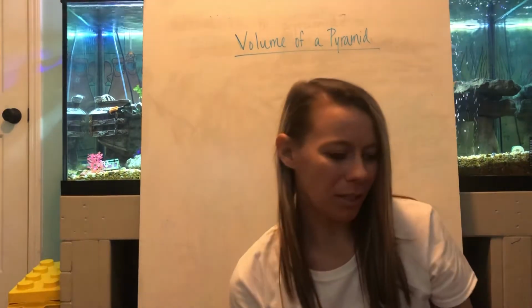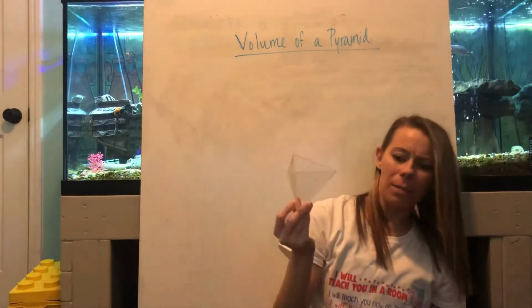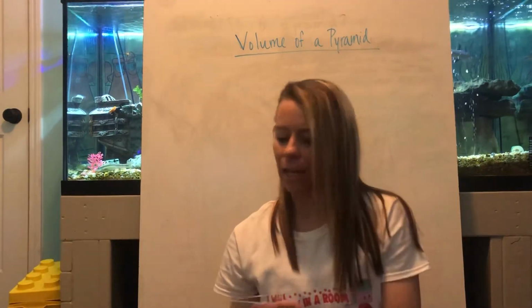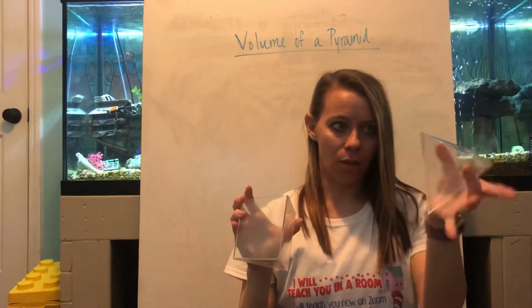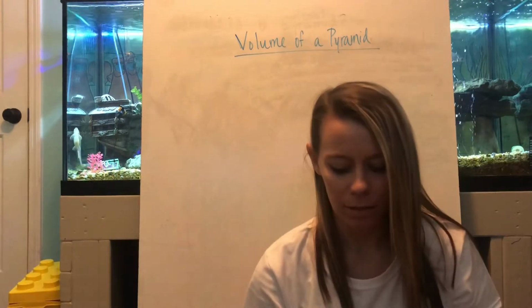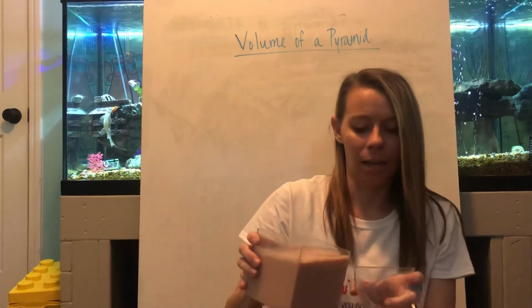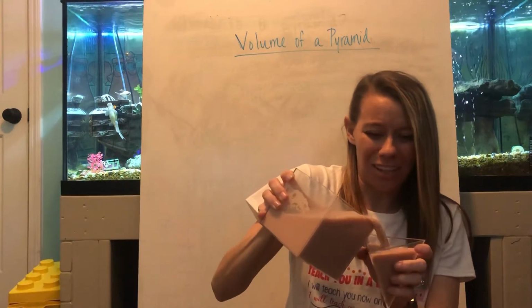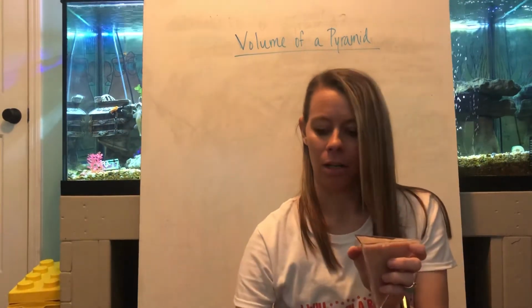But let's see if it works for all pyramids. I also have a triangular pyramid here and a triangular prism. So let's see if I pour three of these into the prism, if that works as well. This time I'll try to be more accurate and not be as concerned about spilling. So, oh gosh, okay, definitely won't be concerned about spilling because I just splashed it.